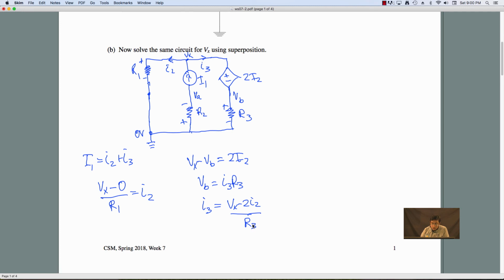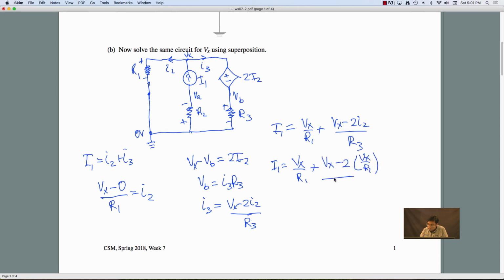Okay. Now, taking this value for I3 that we have and this value of I2, we can plug everything back in to our KCL equation to get this. And then we can start plugging in our known values. Or actually, rather, before that, let me just express I2 up here in terms of what we had found it to be.